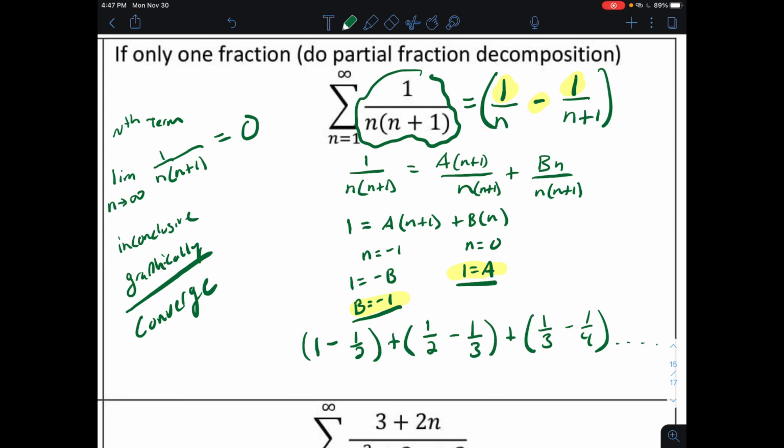We keep going until we get first and last terms to cancel somewhere. So my halves cancel, my thirds cancel. As soon as I get first and last terms to cancel, my sum is going to be whatever is left that has not canceled out, and that sum turns out to be 1. So it converges to a sum equal to 1.